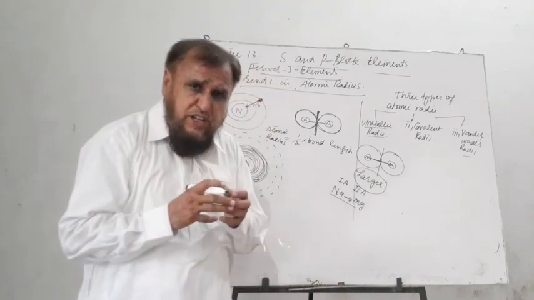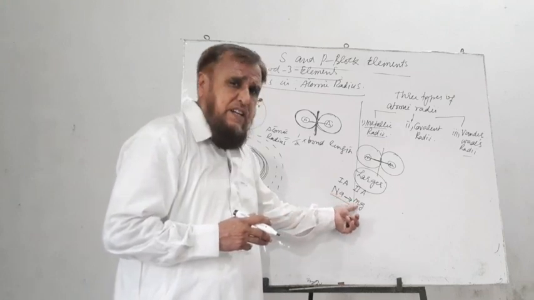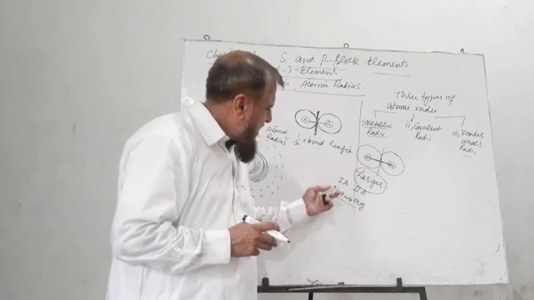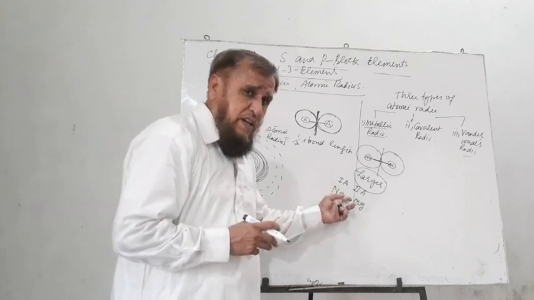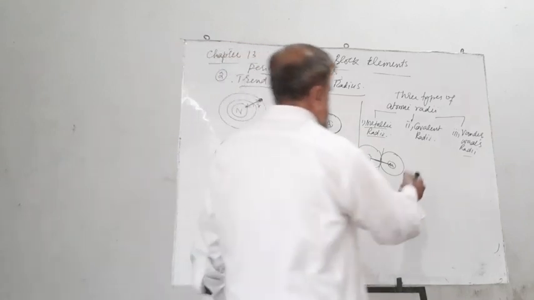That is why slight shrinkage takes place, and the metallic radius of sodium is larger than that of magnesium. So generally, when we move from group 1A to 2A in the third period, the metallic radii decrease.